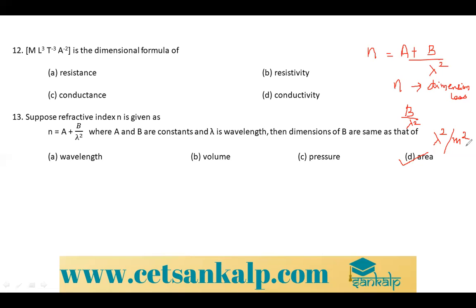Now meter square is the SI unit for area. So you can say b has the dimension of area. Finally, dimensions of b are the same as that of area. I think you are clear with this. Very good. So next we'll go with the next topic.